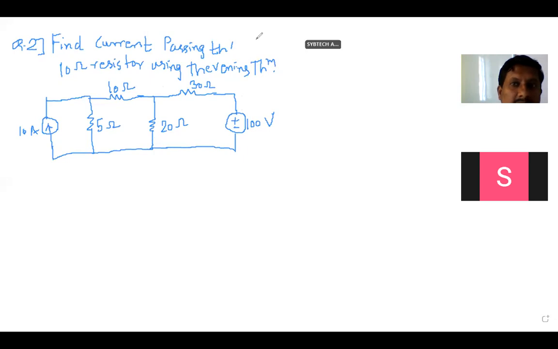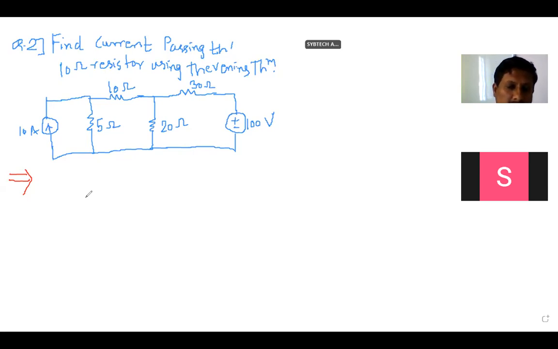Are the terminal names given? Whether terminal names are given here? Yes or no? No. So where are the terminals then? How to identify the terminal names and terminals?